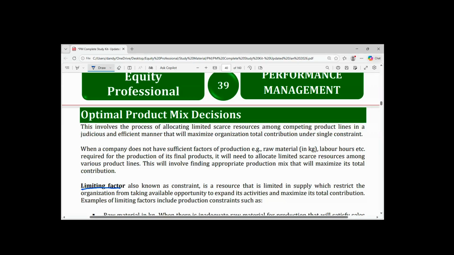So that's why we are saying that a limiting factor is anything that stands in the way of achieving a particular goal or objective. Anything that stands in the way of achieving the organization's objective is a constraint, is a limiting factor.